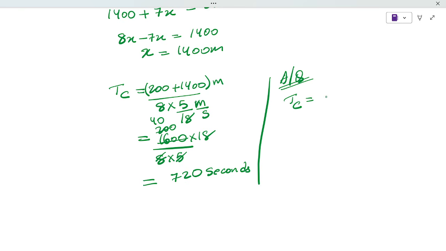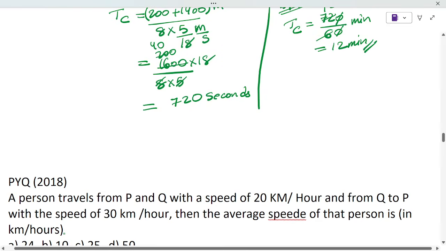So from smaller to bigger, we divide, right? So 720 seconds, if we convert in terms of minutes, we know that in a minute we have 60 seconds. So divide by 60, which gives us 12 minutes. That's the answer. 12 minutes will be in the option. You tick that one, you're scoring 1 mark. Simple as that.